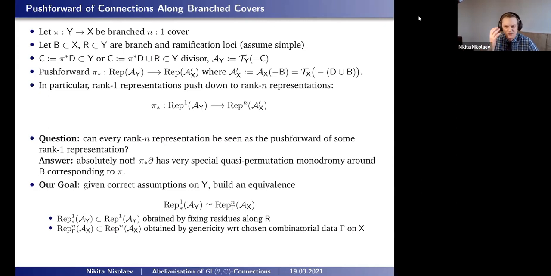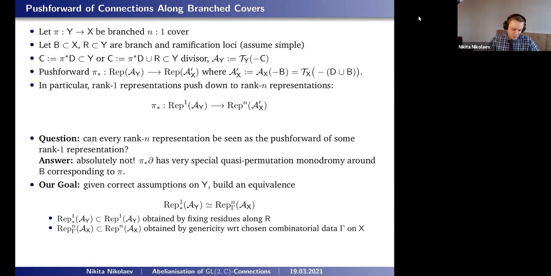This is just a very fancy way of saying that if you have an n by n complex matrix, with correct assumptions you can diagonalize it, and the diagonal entries are just the eigenvalues. Knowing those eigenvalues, you basically know everything you need to know about your matrix. So the spectral correspondence is in some way the same story, just in families.